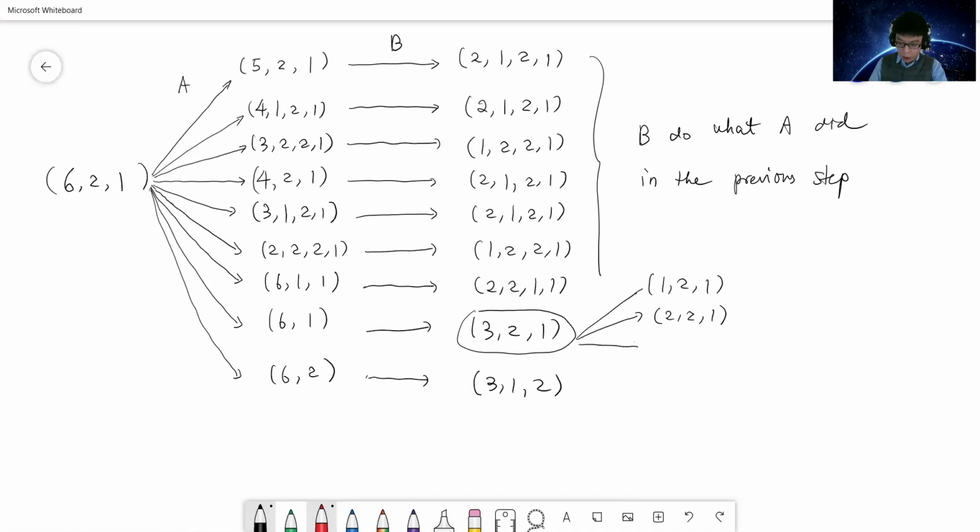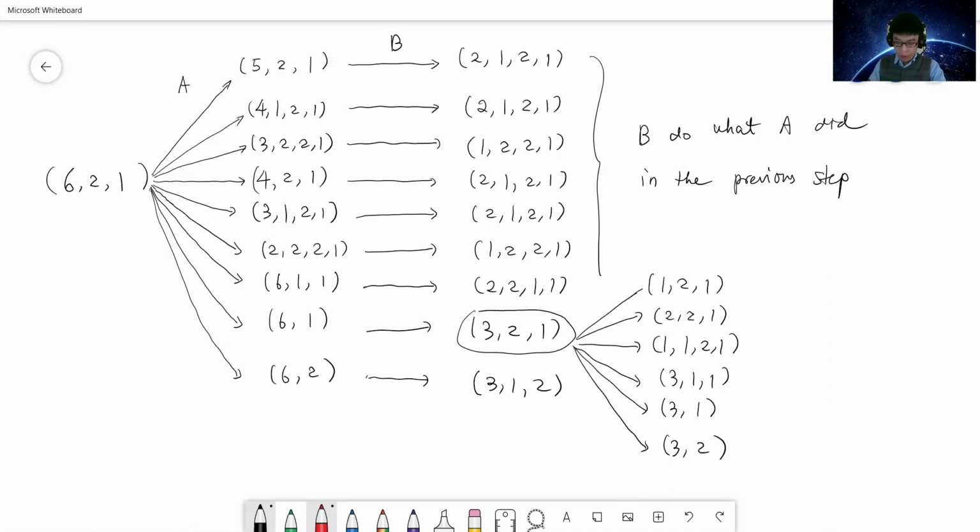He can remove one brick from 3, so it's 1, 1, 2, 1, the middle brick. And he can also remove one brick from 2, giving 3, 1, 1, or the whole 2 bricks, so it's 3, 1. Or he can remove the last one brick, so 3, 2.